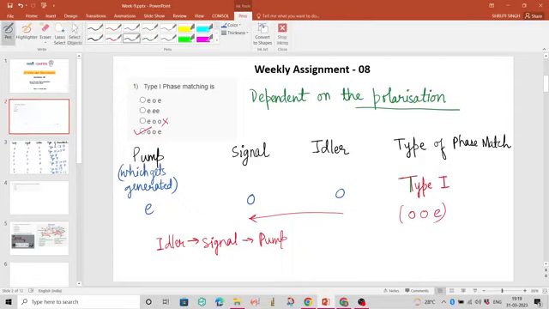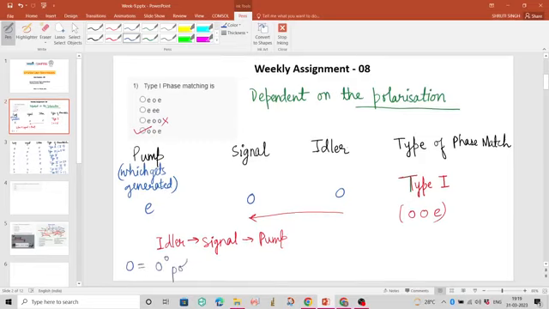So let me write here, if O is equal to 0° polarization, E is equal to 90° polarization. Okay, so that was our first question. Let's see the next one.